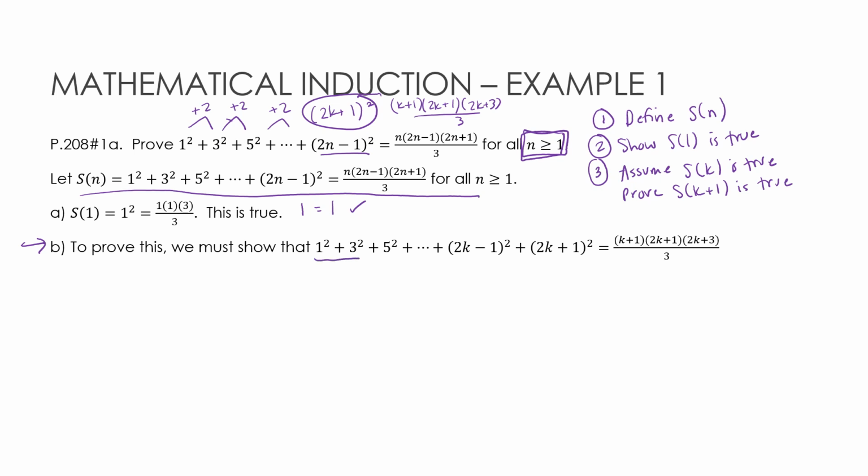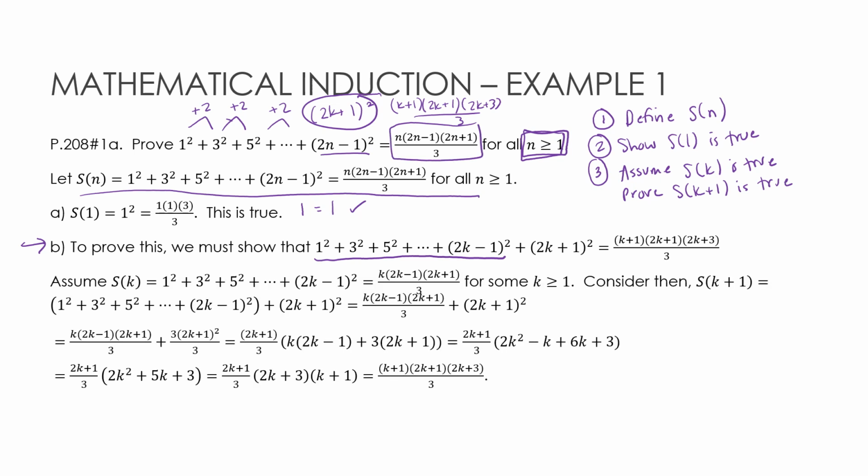I already know that this part is equal to this if I replace it with a k. So notice that's going to be my first step. I'm going to assume that this is true, S of k. All I did was take the exact same thing I had here and replace it with k.